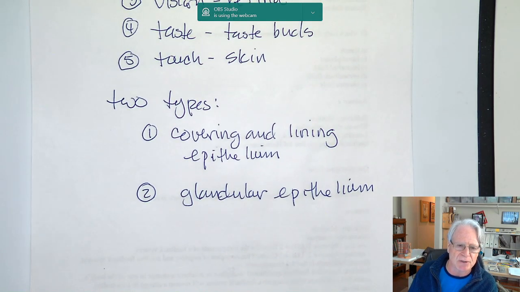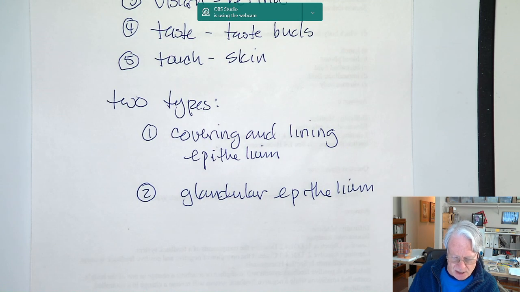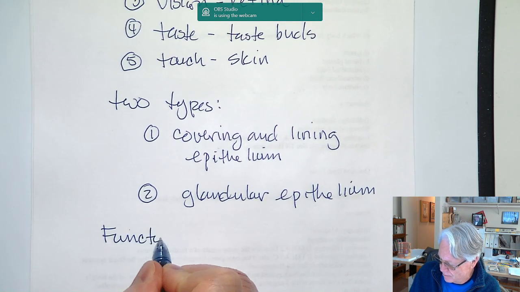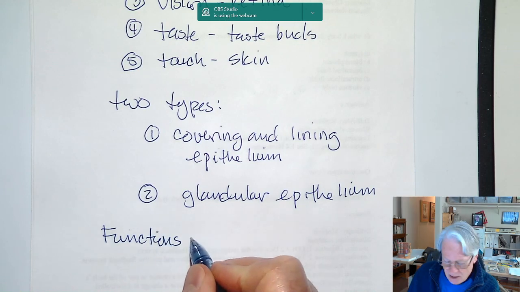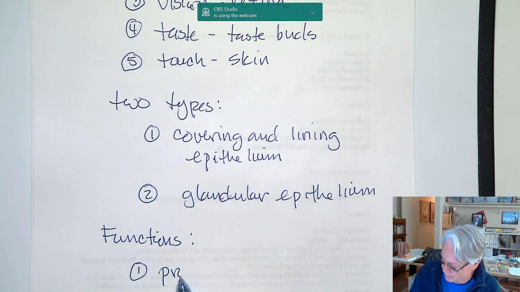Again, I'm not sure how long the material is when I actually lecture in this format. So I might break it off before we actually get to this part, but we'll see. Let's talk a little bit about the functions of this tissue. Number 1, protection.